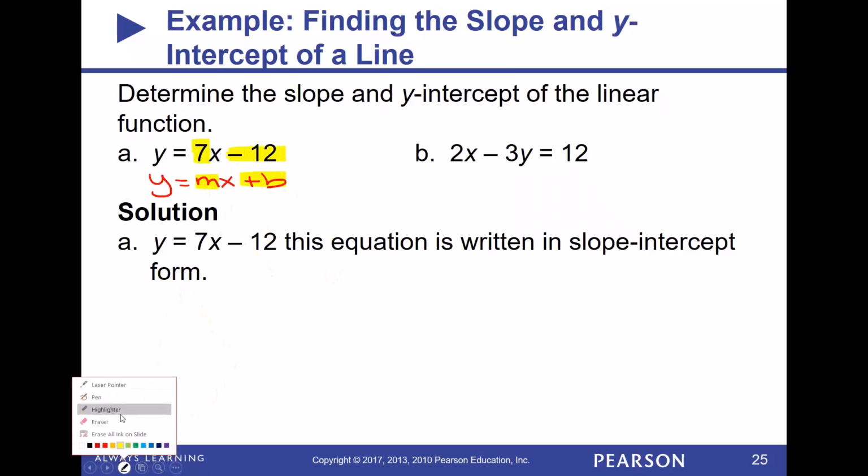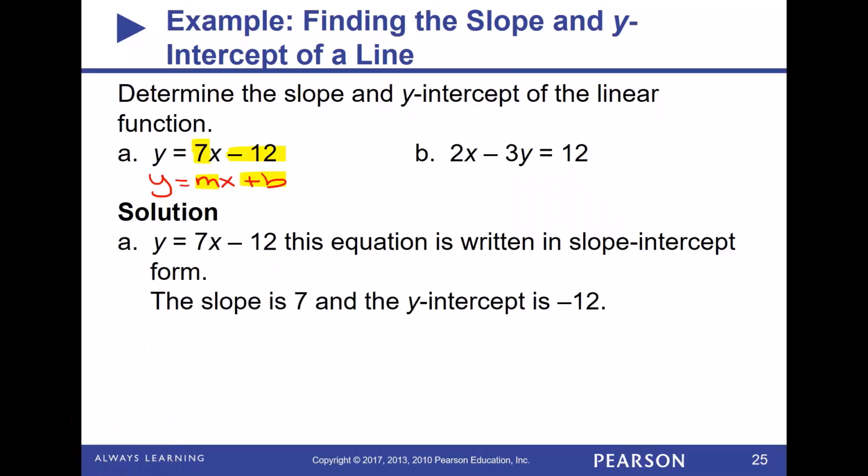So in our case, I can say that my slope is 7, okay, and my y-intercept is going to be negative 12. So the slope is 7. Again, notice I did not say 7x. I just said 7 because x is part of the formula. M itself is the slope. It should just be a number. Okay, and the y-intercept is negative 12.